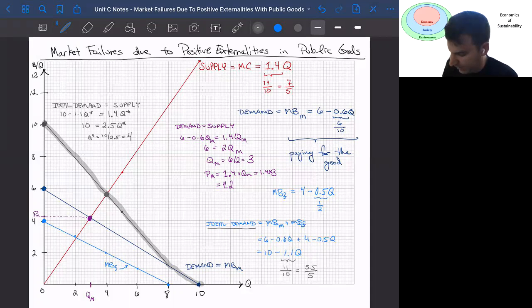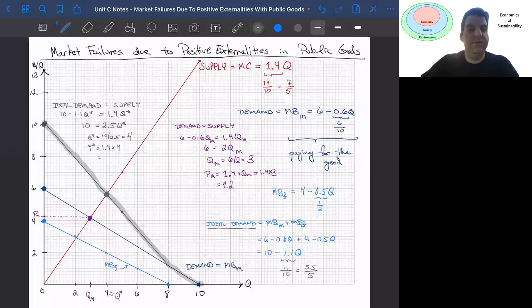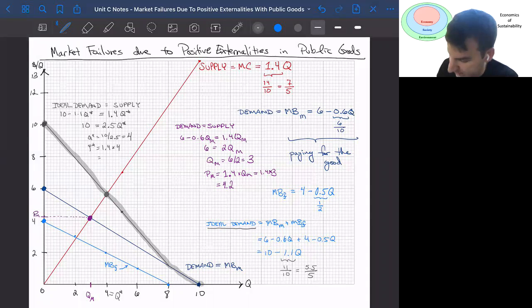Not surprisingly, we find 4, just based on the graph, because we drew it out there. And then if we want to solve for P star, we can just plug that into the marginal cost curve. That's 1.4 times 4, which is 5.6.